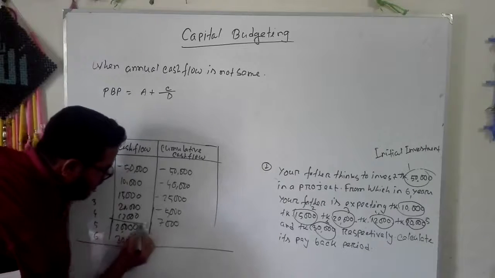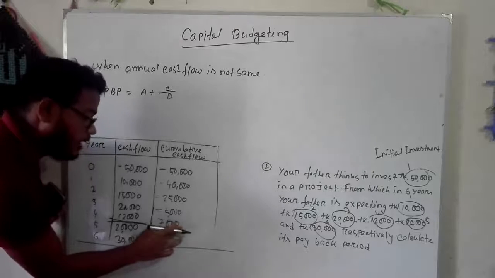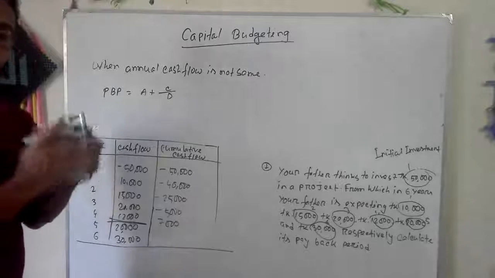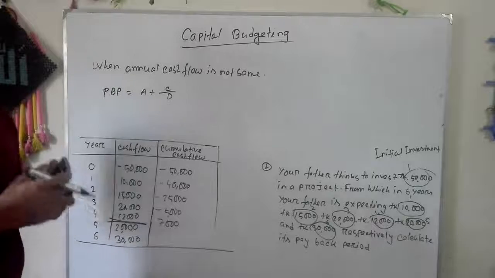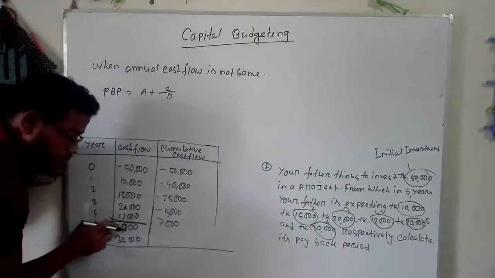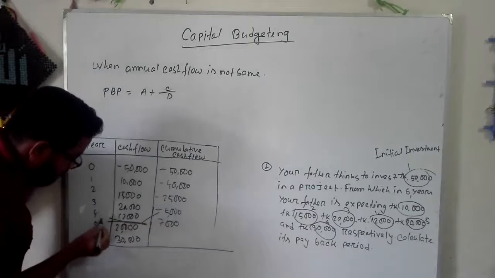So dear student, when I get the positive value, we don't need any other calculations. Then we mark the 12,000 and the years.